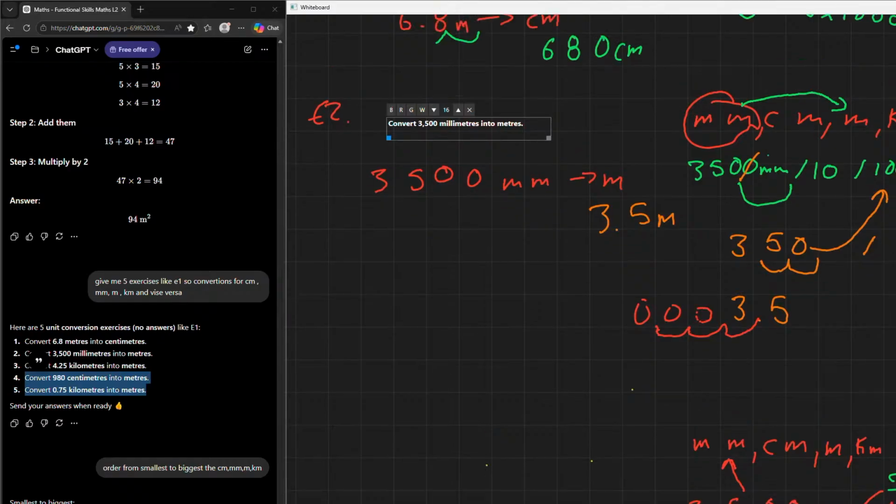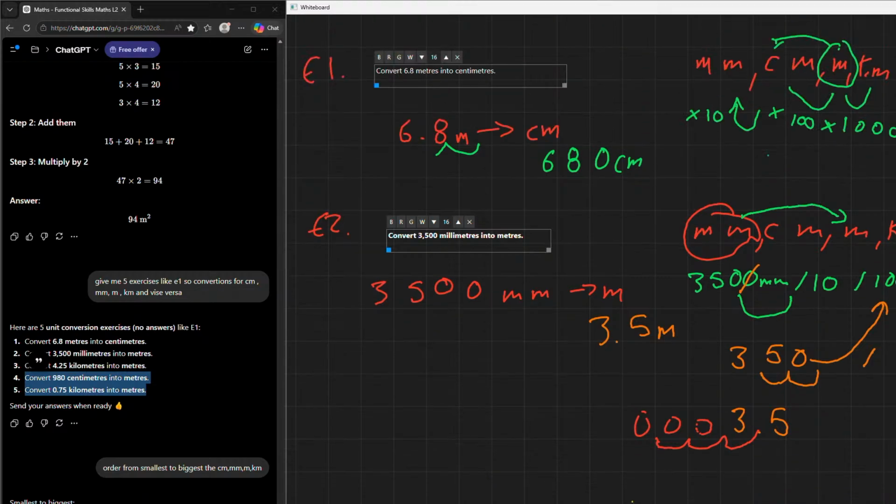Millimeter, centimeter. Even then I do wrong. Then I need to do centimeters into meters. Times 100 then. Divide 100.